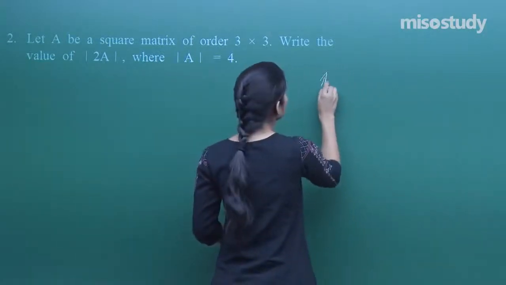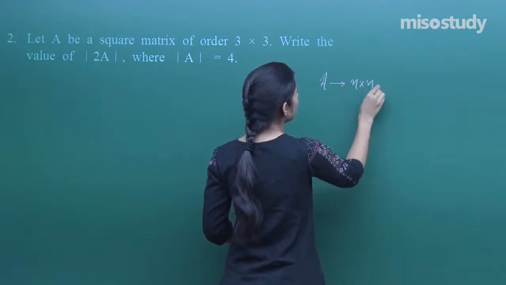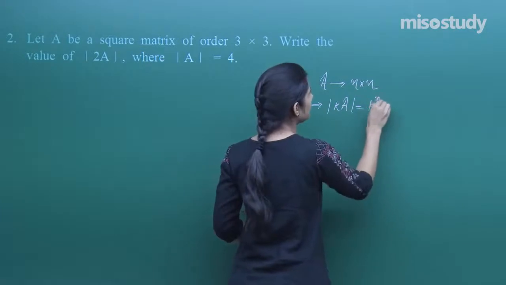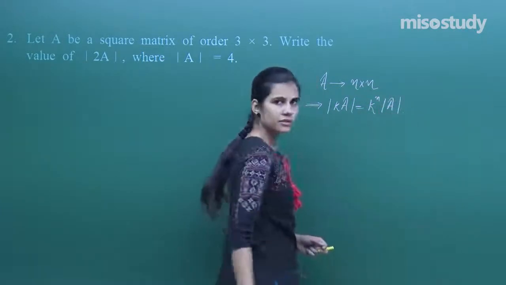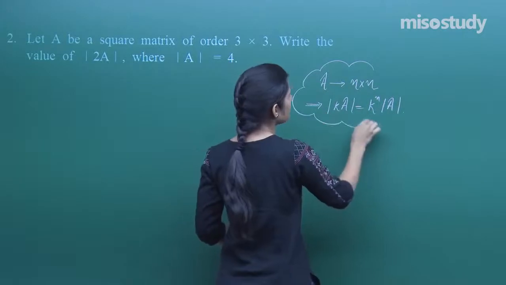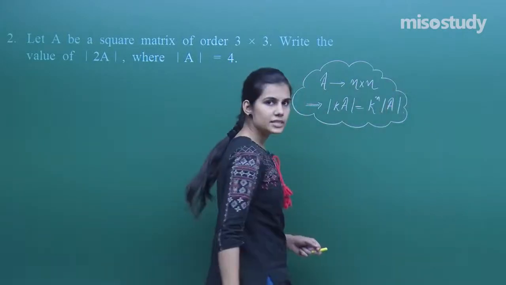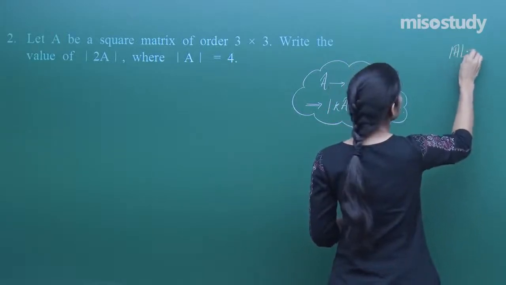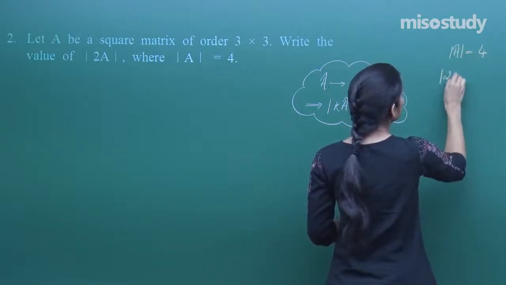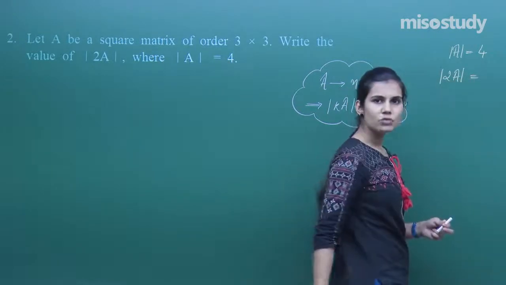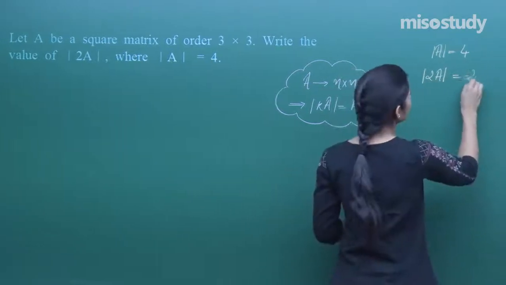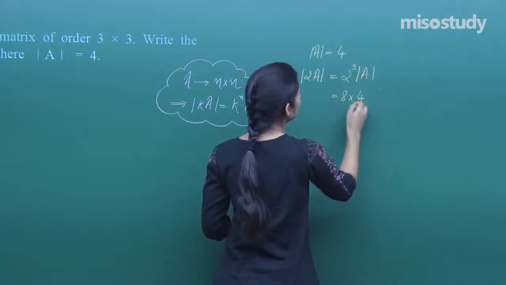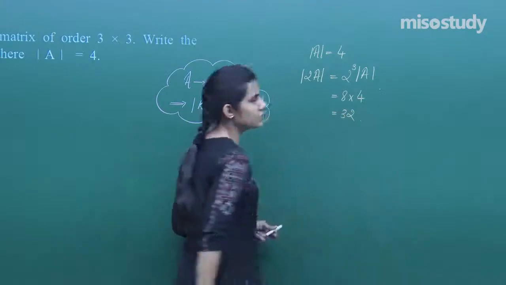You know that if A is a square matrix of order n, then the determinant of k times A is k to the power n times the determinant of A. By using this property, I am given that determinant of A is 4. Determinant of 2A will be what? A is a square matrix of order 3 cross 3. So 2 to the power 3 times determinant of A, which means 8 into 4, that is 32.